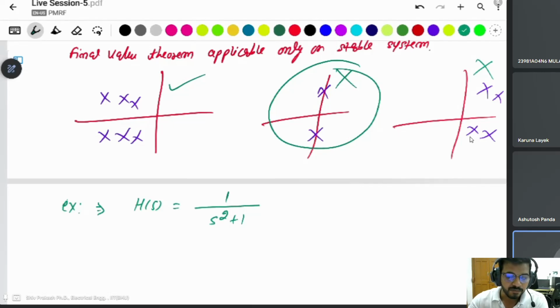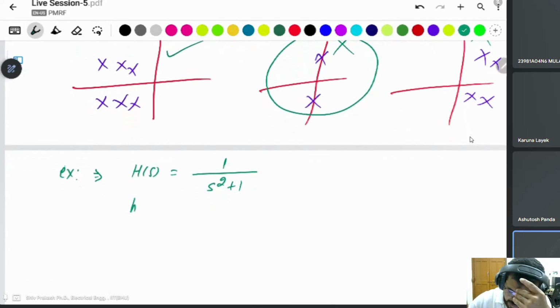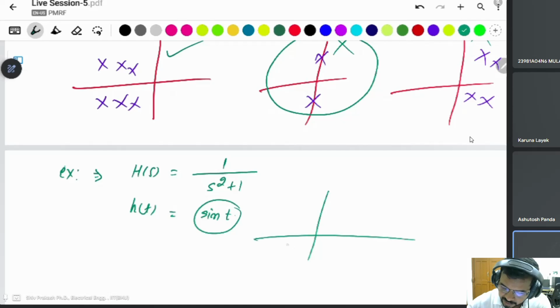This will be a sine term. When you take the inverse Laplace of this, x(t) will be sin t. And what is the final value of sin t? Sin t is something like that.